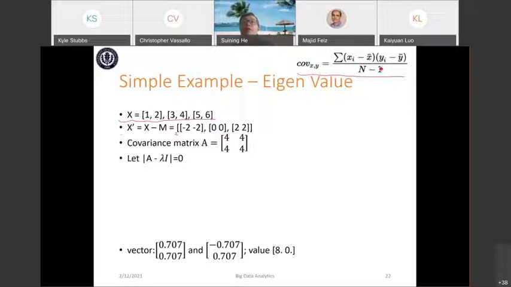Please be aware we use n minus 1 because we want to remove some bias. So we have (-2, -2), (0, 0), and (2, 2). Because it's already zero mean, the mean is 0. For each covariance or variance, we can calculate based on this formula, and we get the covariance matrix A here.